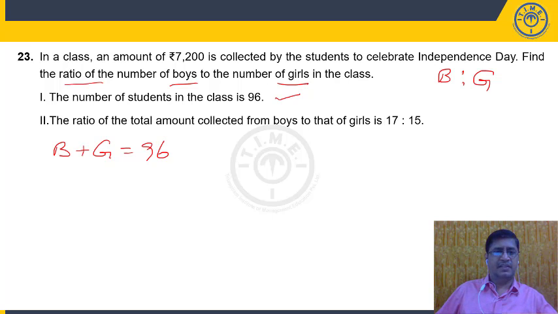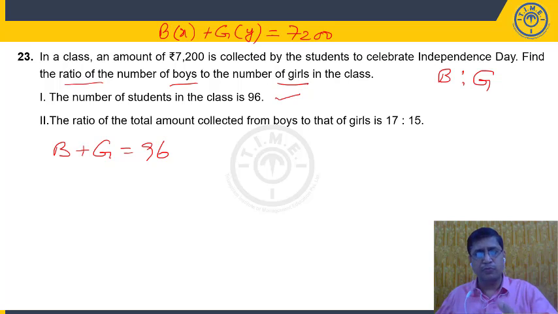For example, B number of students are there, G number of students, and each boy contributed X rupees and each girl contributed Y rupees. So the total amount is 7200. X and Y are the contributions of a boy and a girl respectively. B and G are the number of boys and girls. So B plus G is equal to 96, and Bx plus Gy is equal to 7200. Is it possible to simplify? No, not possible. So 1 is insufficient.